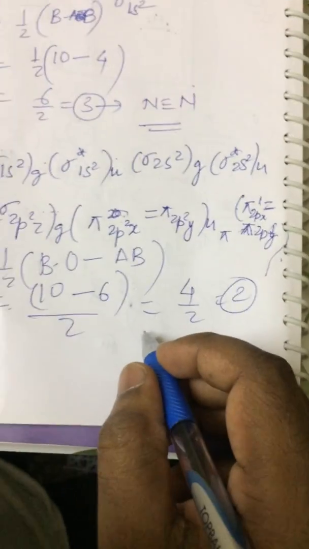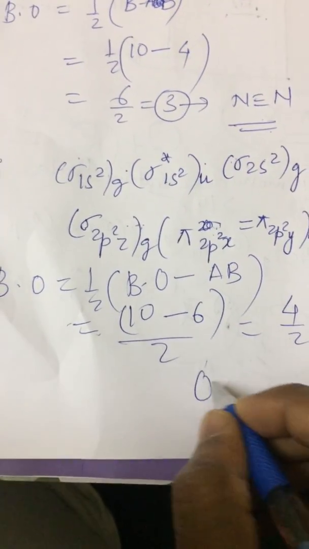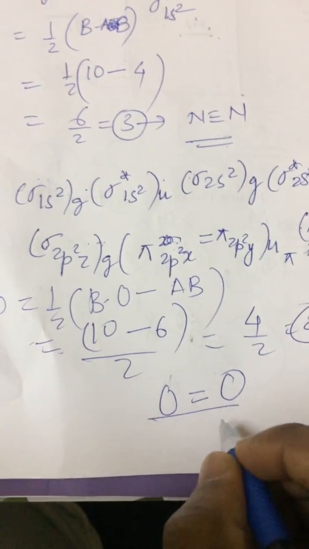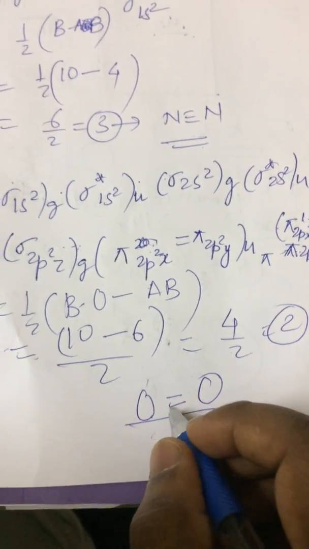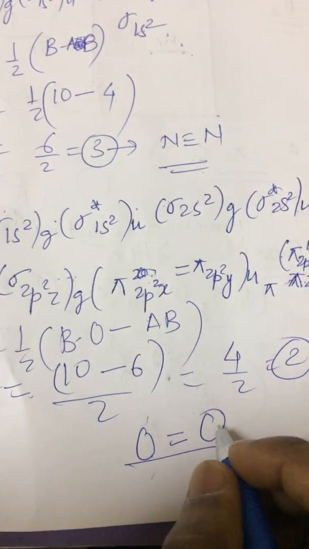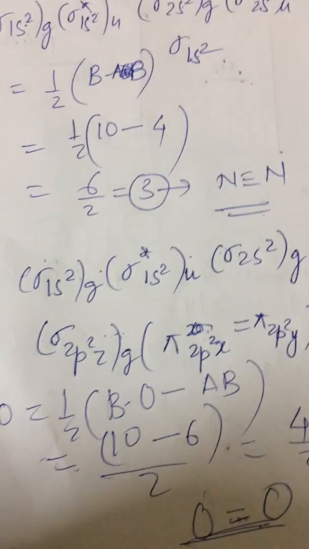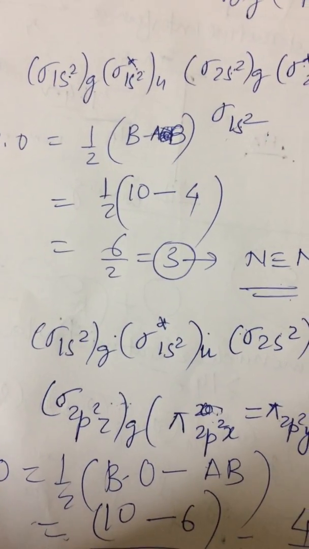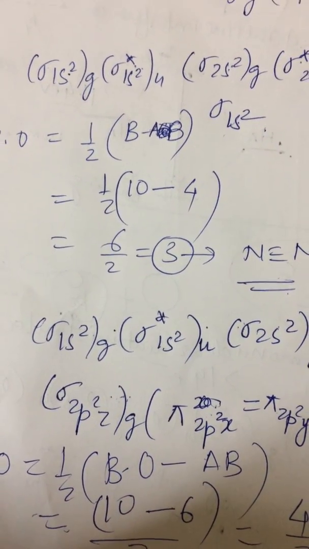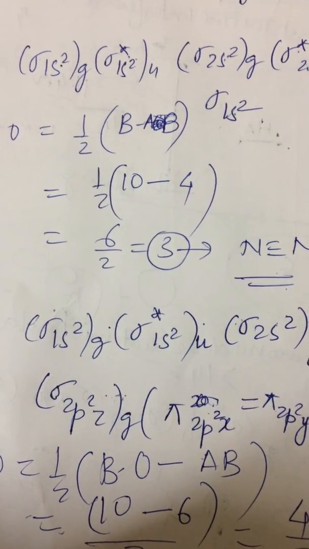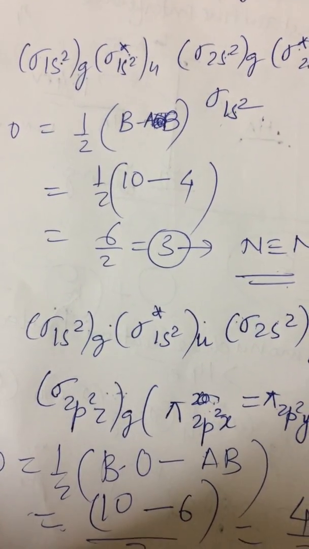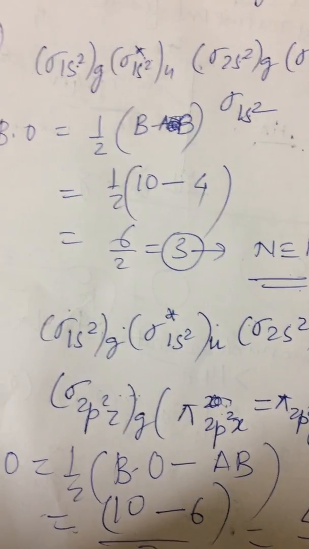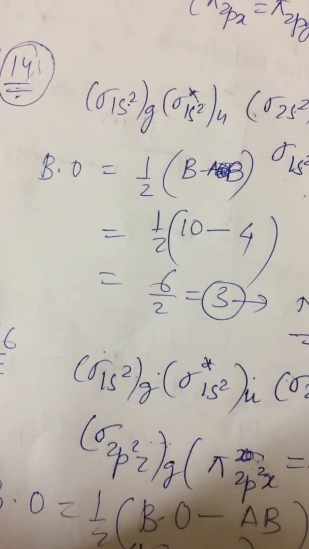So the oxygen molecule is double bonded with another oxygen. I hope you learned what bond order is and how to fill the electrons through MOT theory.